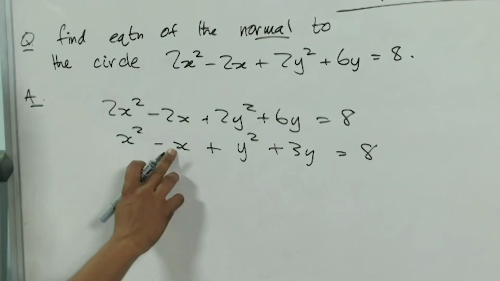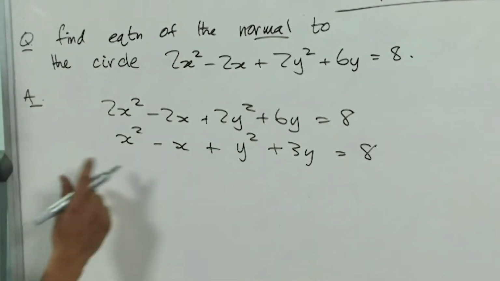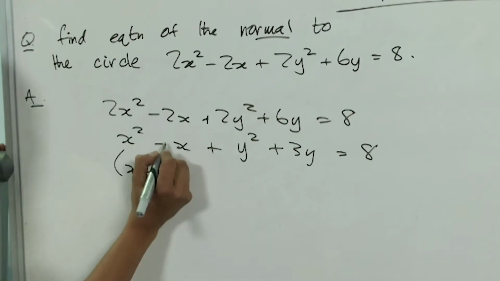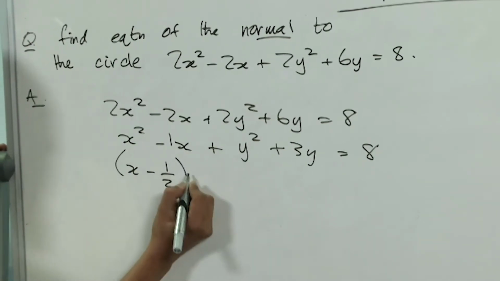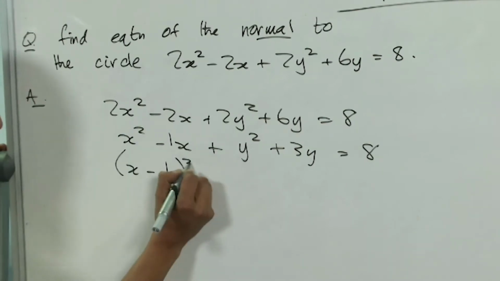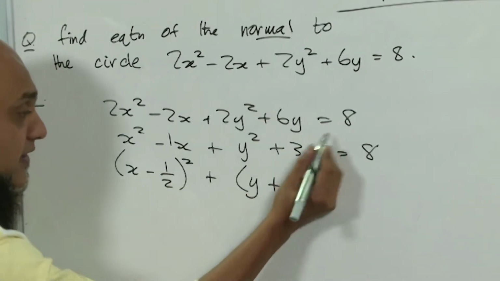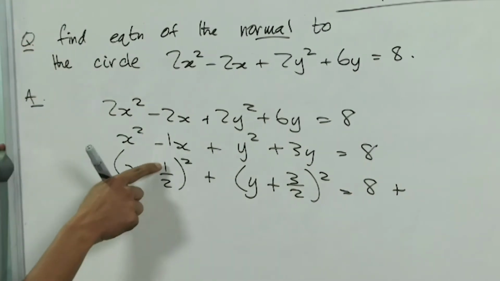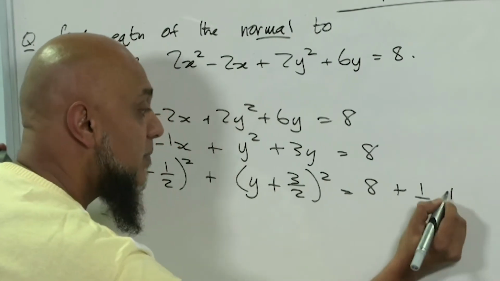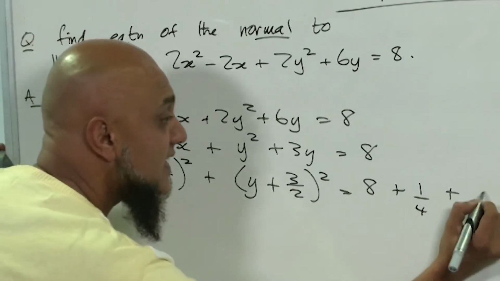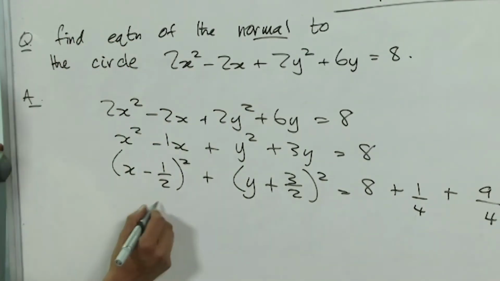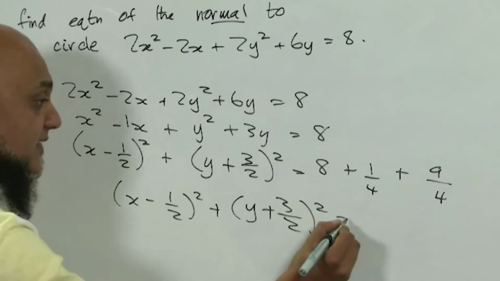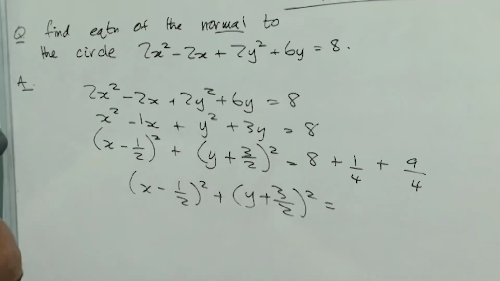Now we're going to find the coordinates of the center of the circle and the radius. What did I say? Divide by 2 plus x squared, divide by 2 plus y squared. So we're going to have x squared minus, divide by 2, so there's a 1 there, 1 over 2, minus a half x, so it's x minus a half squared plus y plus 3 over 2 squared is equal to 8 plus a half squared, which is a quarter, plus 3 over 2 squared, which is 9 over 4.